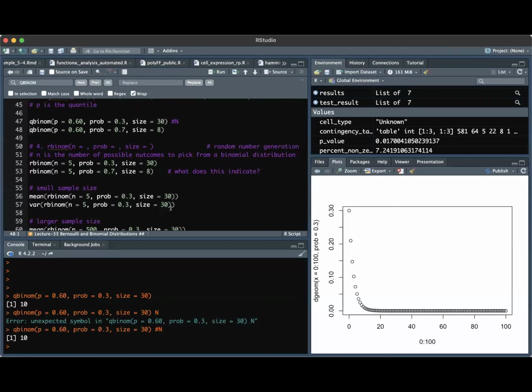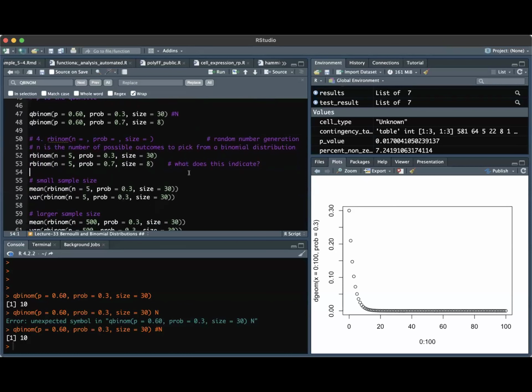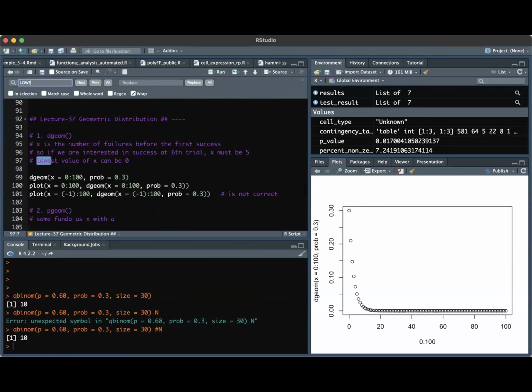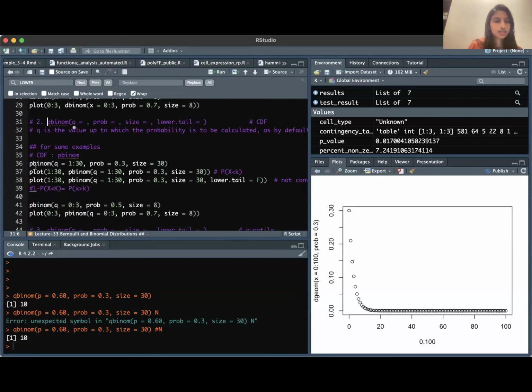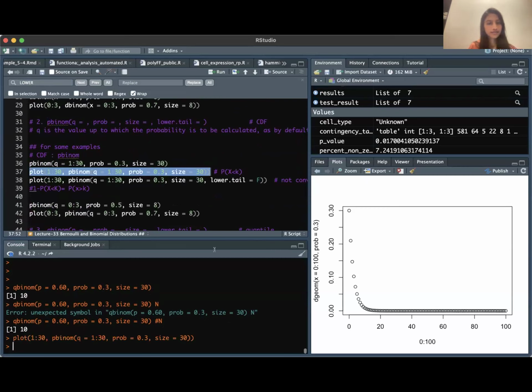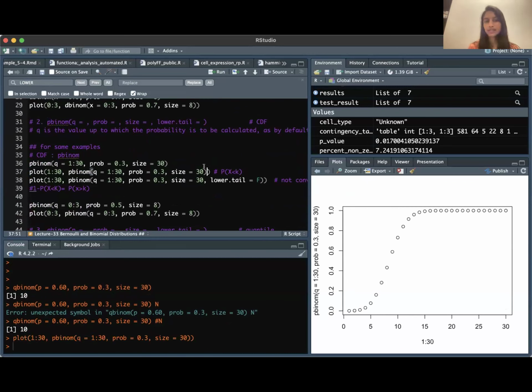Ma'am, could you please explain the argument lower dot tail? So let's consider a binomial distribution and a CDF. By default, you don't have to write it there, it's already built into the function. When you don't specify an argument, the function takes the default value, and the default is TRUE here.